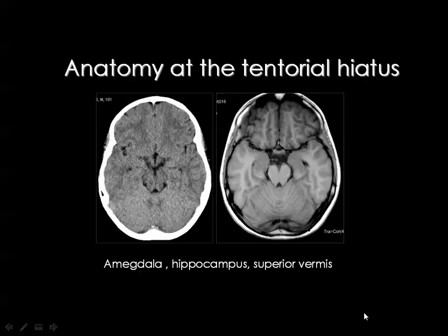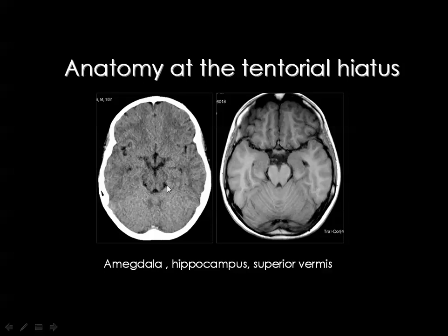Then while you are going up, you will reach the level of the tentorial hiatus, and here you can see the end of the fourth ventricle whenever it is small, and you will meet one of the important cisterns in the brain, and this is the quadrigeminal cistern.